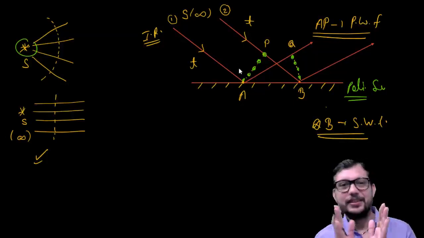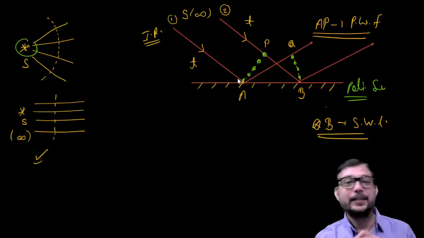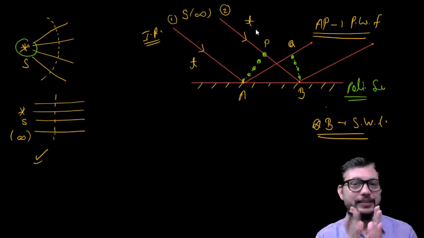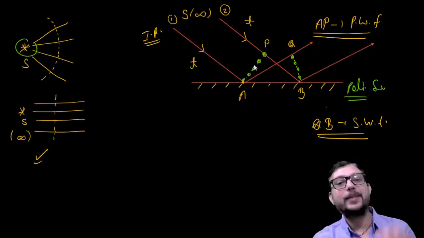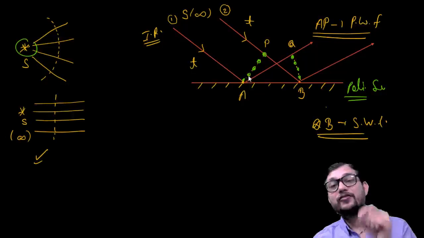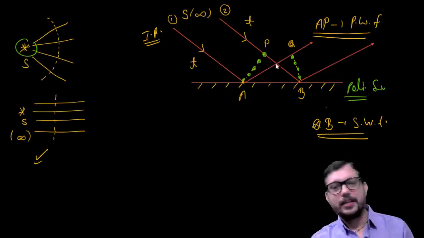It means ray 1 is at point A and ray 2 will be at point B after time t.